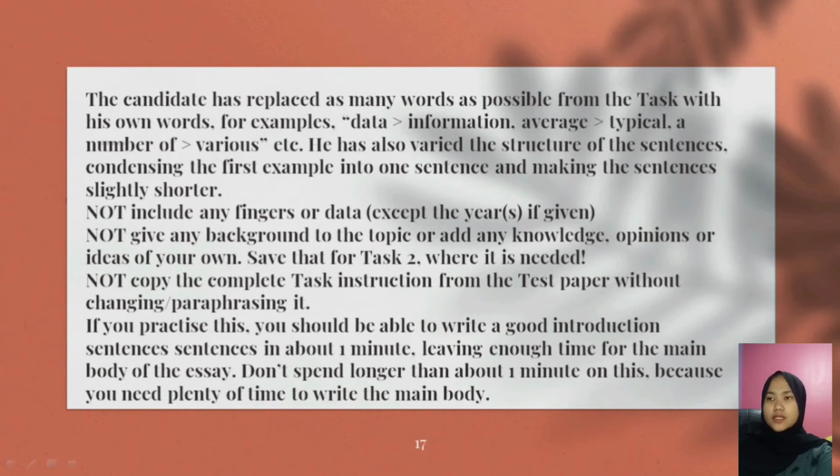If you practice this, you should be able to write a good introduction sentence in about 1 minute, leaving enough time for the main body of the essay. Don't spend longer than about 1 minute on this because you need plenty of time to write the body.